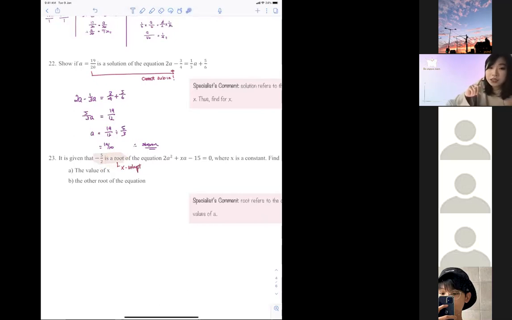It is the solution for the quadratic, means it's one of the answers in your mode 3. That is what you get. So it doesn't mean that this is the x-intercept, it means it's the value of x.